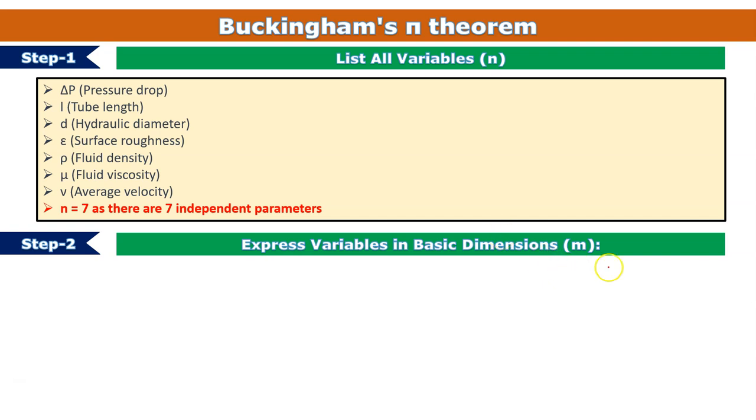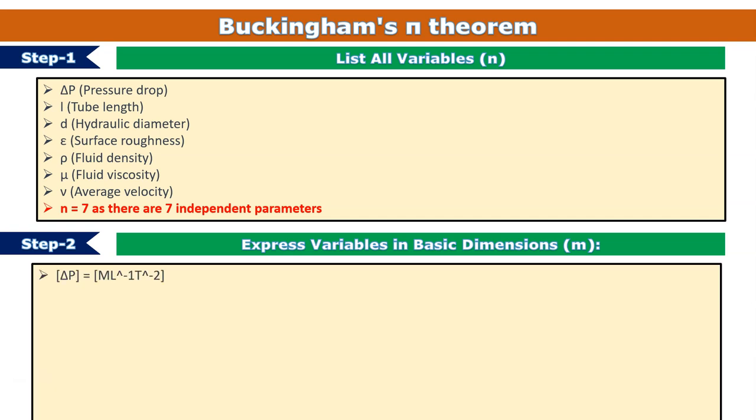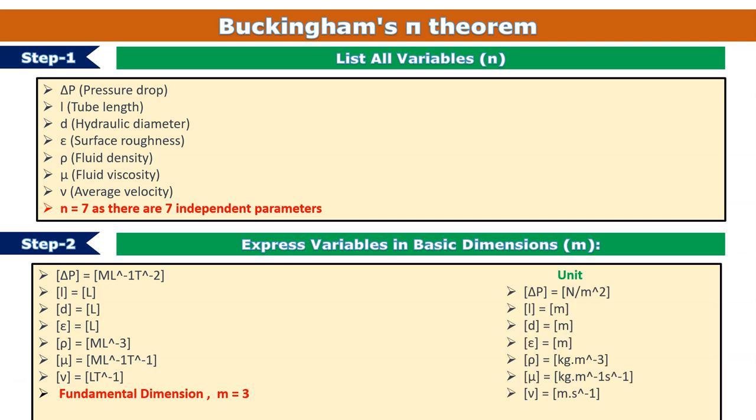Next, step number 2, express the variables in basic dimensions. We know the unit gives the dimension. The unit of delta P is Newton per meter square, so the dimension is M L to the power minus 1 T to the power minus 2.